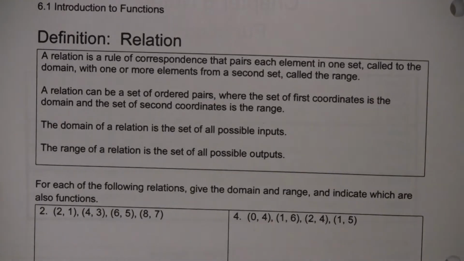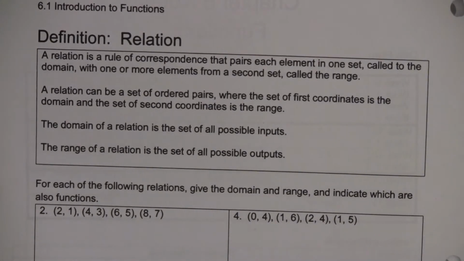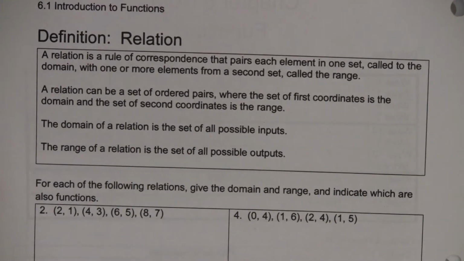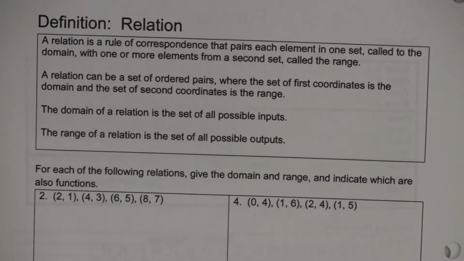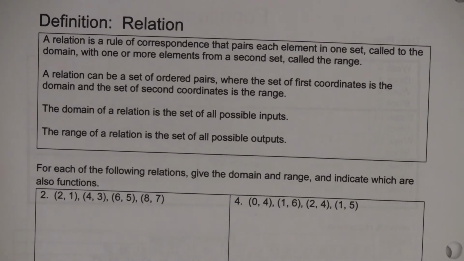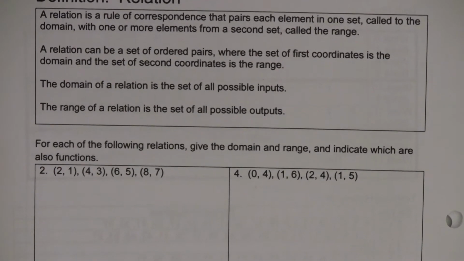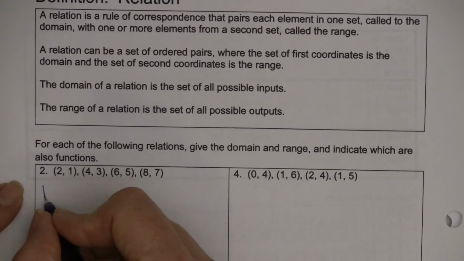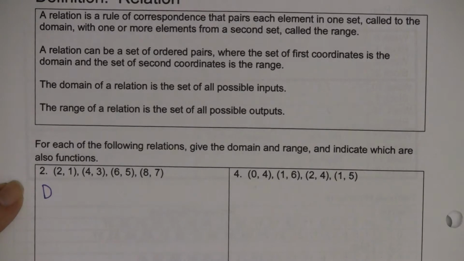We're going to answer this first question on problem 2. They ask us to give the domain and the range. In your book, they usually write out the word, but I'm going to be a little bit lazy and say D for domain.